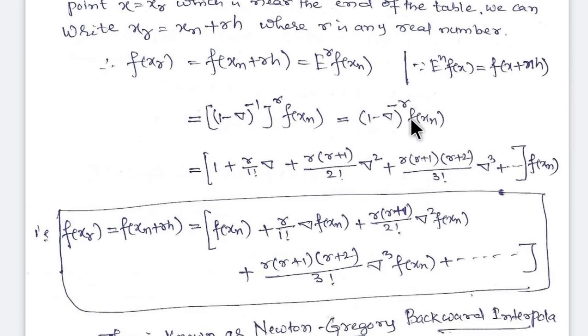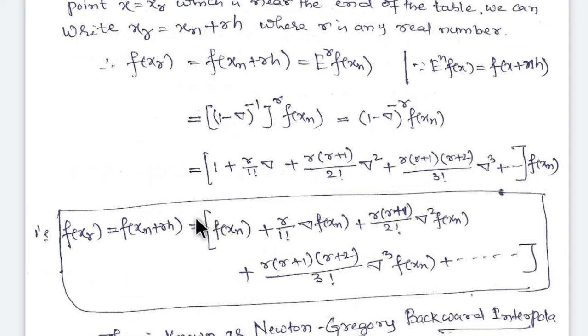So expanding this again by binomial expansion, if it is negative, this is also minus, so throughout you get plus. This is equal to 1 plus r, directly you have to write rC1, minus minus plus. So you get r by factorial 1 into del plus r into (r plus 1) divided by factorial 2 del square plus r into (r plus 1) into (r plus 2) divided by factorial 3 into del cube, etc., operating on f of xn.